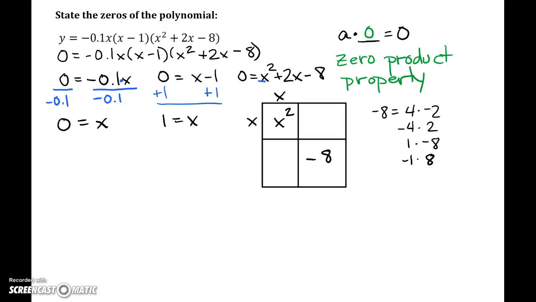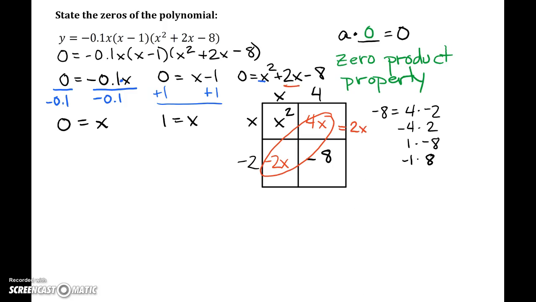So if I try 4 up on the top and negative 2 on the right, completing the area model, here would be 4x, and in the bottom left corner, negative 2 times x would be negative 2x. Now when I check and add those two together, I do in fact get that negative 2x plus 4x is equal to 2x.